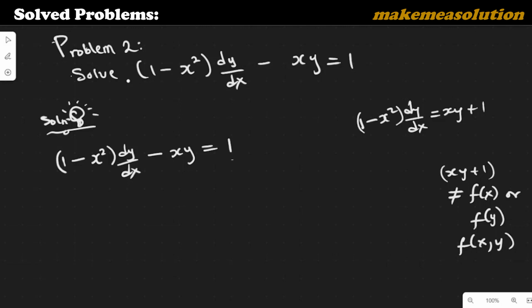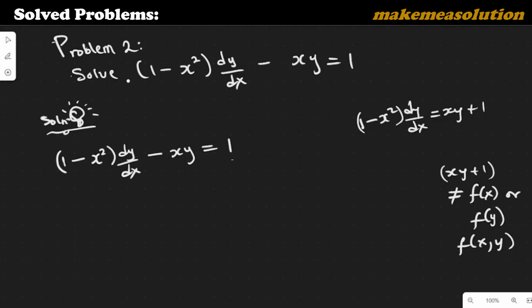The requirement for separable variables is that you should have a distinct function of x or a distinct function of y that you can carry to this side and to that side and so on. So this xy plus 1 does not afford us the liberty to separate the variables into either x or y, because it's actually a combination of x and y.